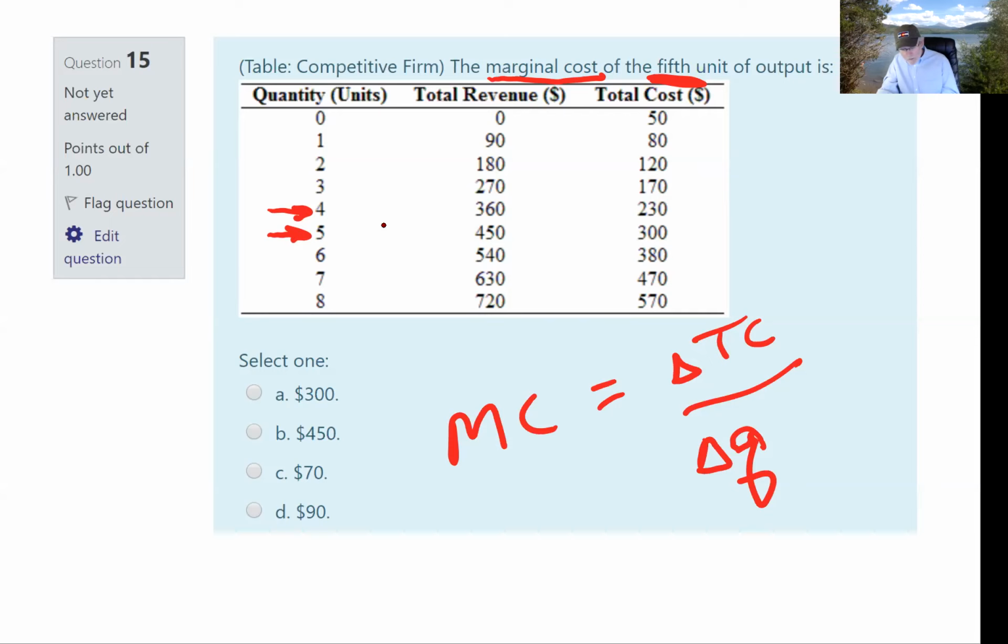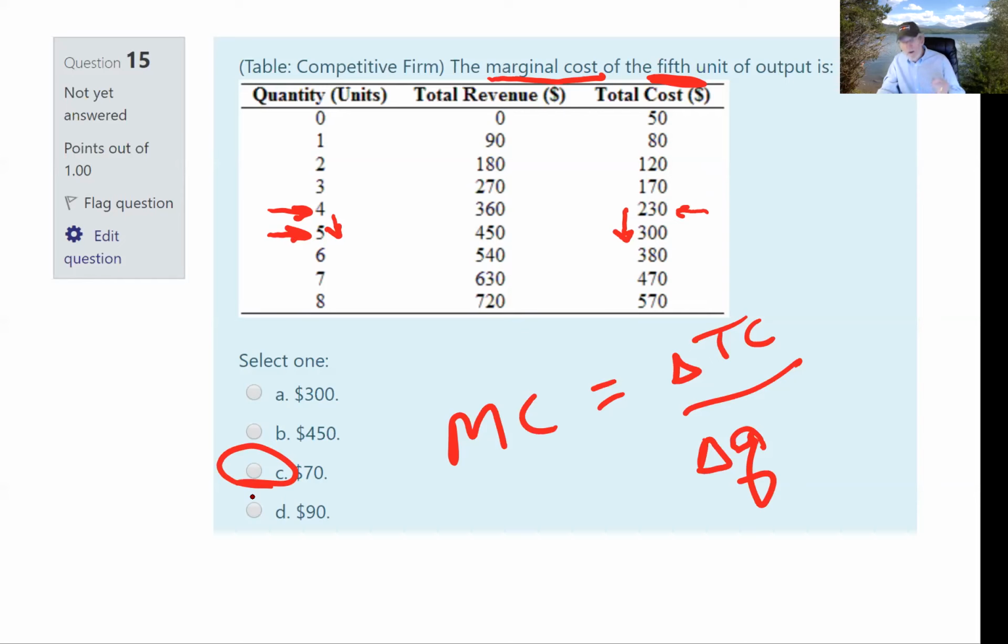So we have to be careful that we read the graph correctly. Total cost was $230. When they expand and produce 1 more unit, their total cost goes from $230 up to $300. And the change in total cost there is $70. So that would be the correct answer.